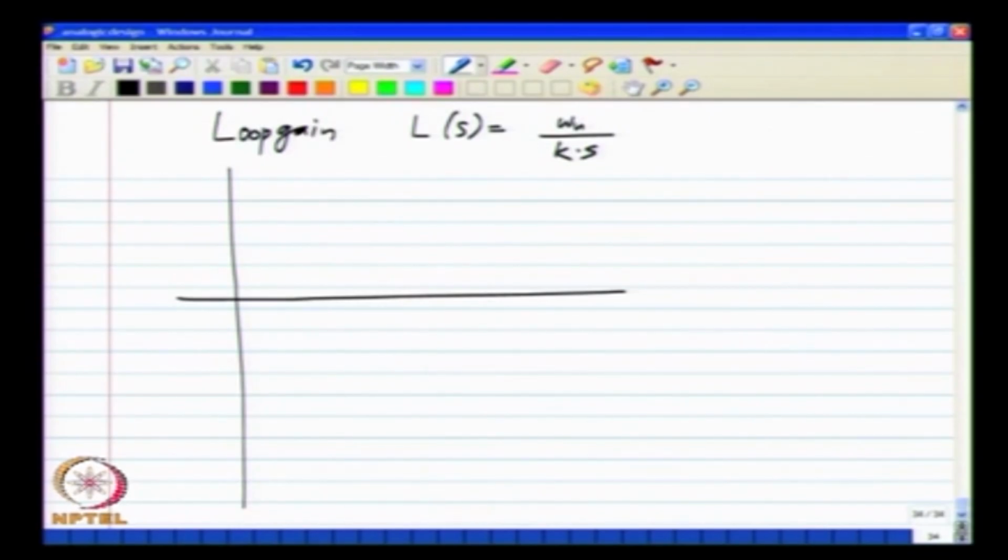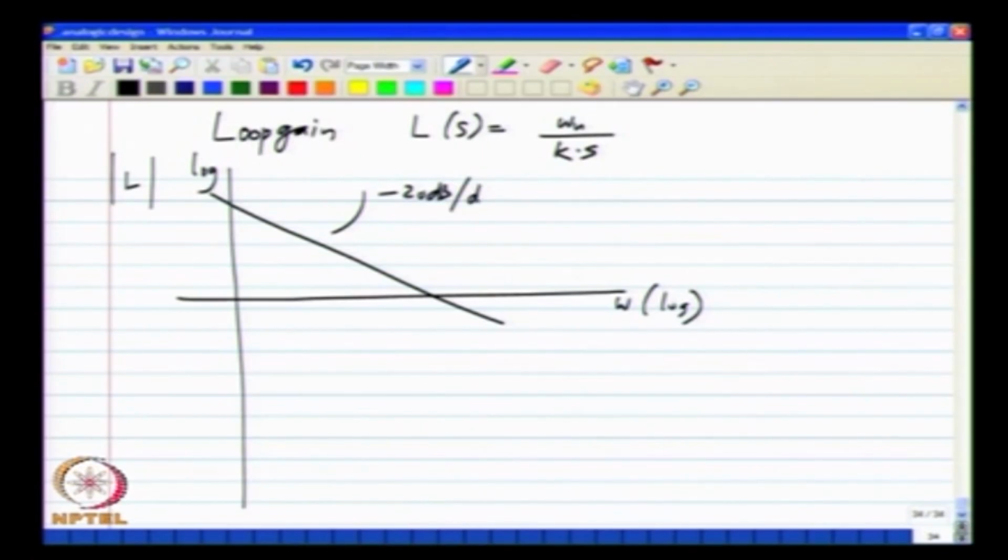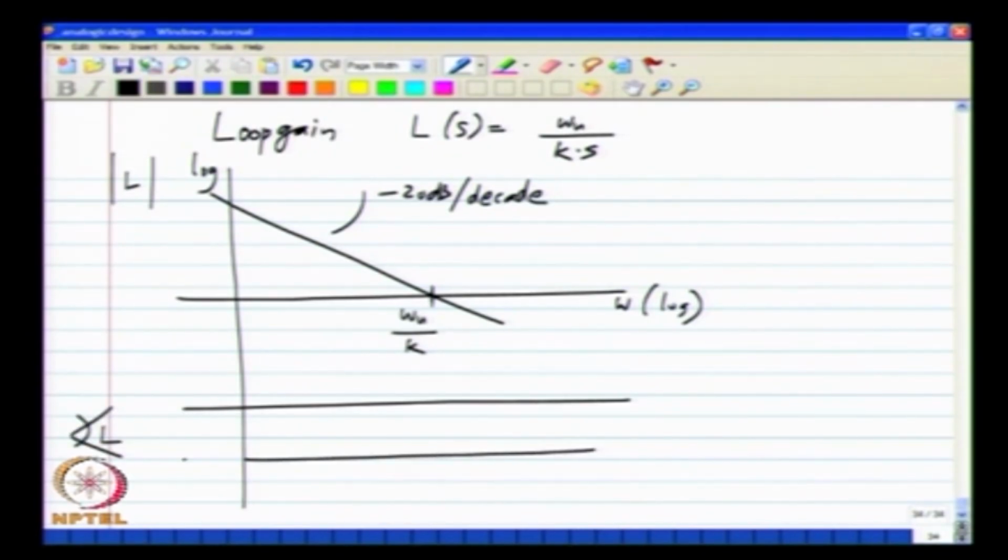The magnitude plot of L, again on a log scale, is a straight line with a minus 20 dB per decade slope. The frequency at which the magnitude of L becomes unity is given by omega u divided by K. And we can also plot the angle of L. This is not very interesting, it is equal to minus pi by 2 for all frequencies.